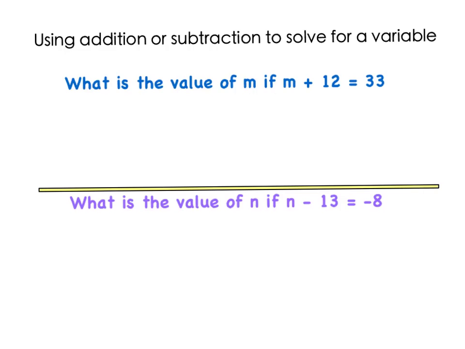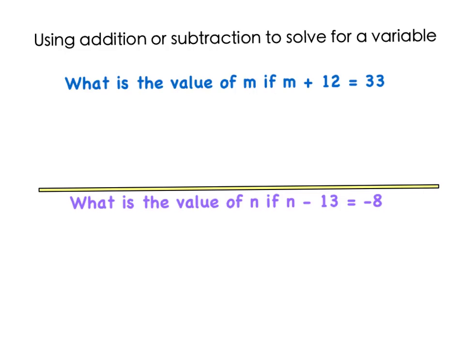Now, one of the things that we're asked to do with equations is we will be given a variable and we'll be asked to solve for that variable. And there's many different ways to do that, but the first thing we're going to explore is solving for a variable by using either addition or subtraction. We're basically undoing what the equation has started out to do so that we can get to the point where we can find out the missing number.